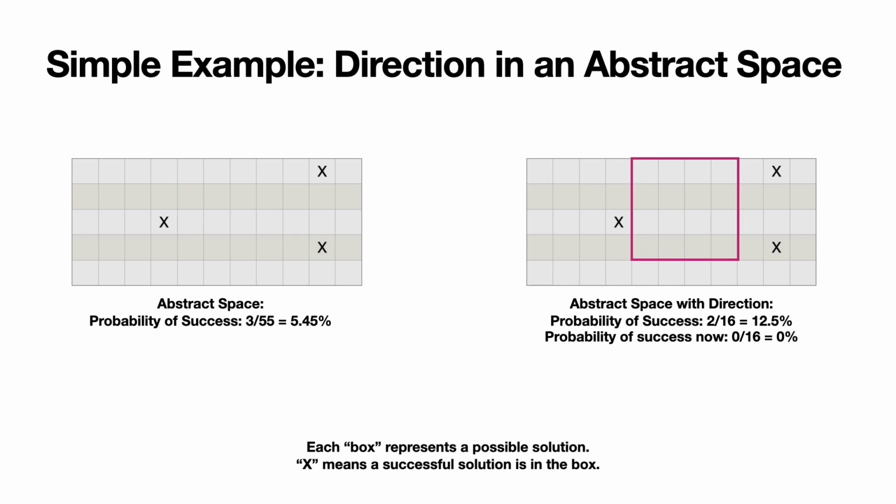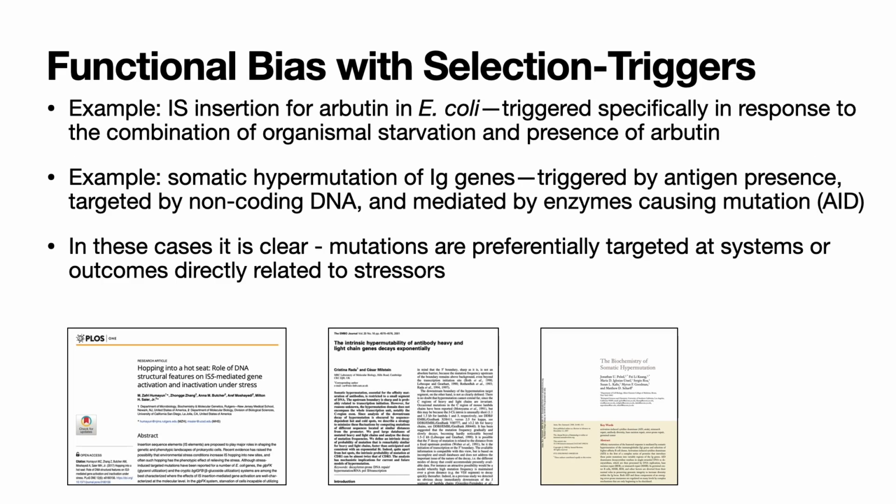So let's look at a few very obvious examples of mutations that are directed towards fitness outcomes. We have lots of functional biases that have selection triggers. That's where the organism's environment is more or less a major control valve on the mutations that are generated.